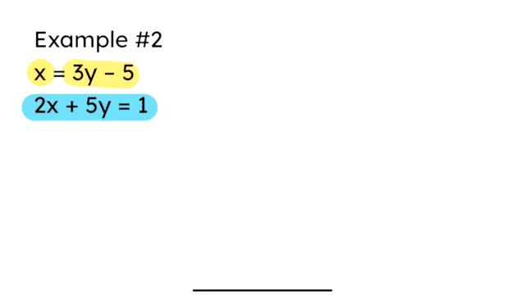And what we're going to do is take our second equation and replace x right here with what we know x is equal to. So according to our first equation, x is equal to 3y minus 5.